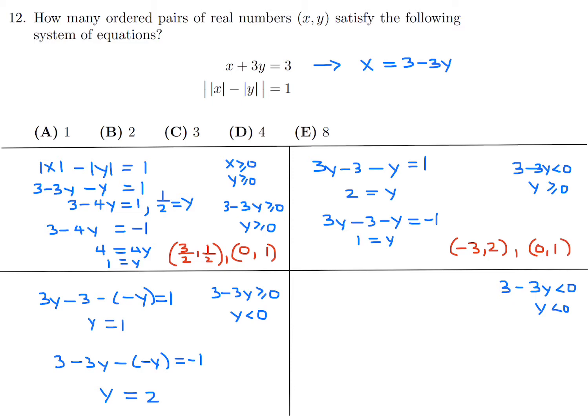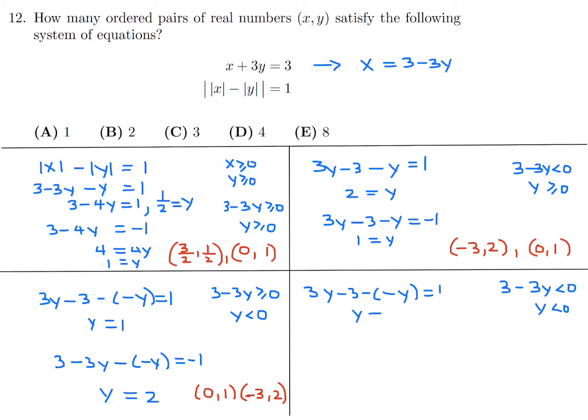And substituting back, you get the following values. You get 0, 1 again, and you get the minus 3, 2. And then finally, the last one, when you have them both being less than 0, we get 3y minus 3 minus y is equal to 1.